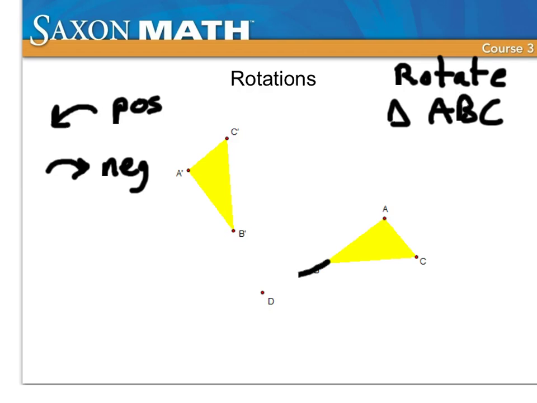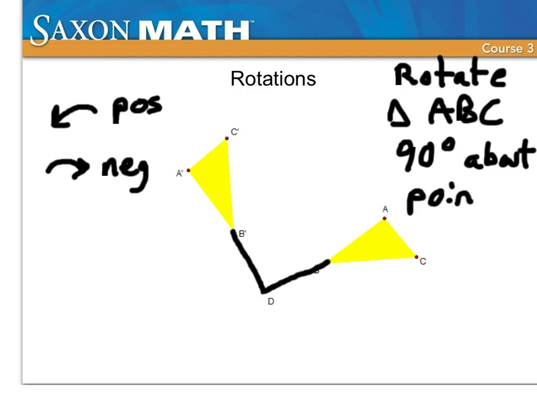So like B and B prime should connect with point D. Okay? Now, I'm going to guess on this. Usually it'll be pretty easy to tell. I'll say this is about 90 degrees. So I'm rotating triangle ABC 90 degrees, and we're going to say about point D. Okay? When I say about, that means that's the point I'm spinning it about. So I'm turning it about point D.